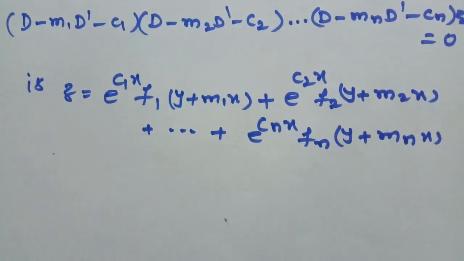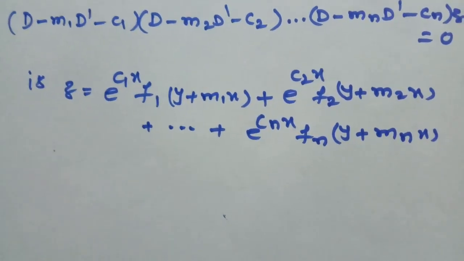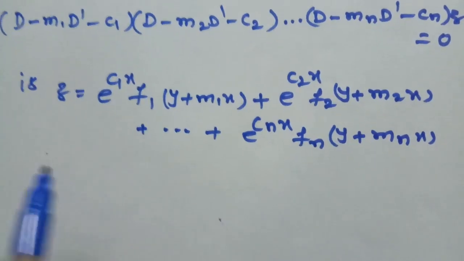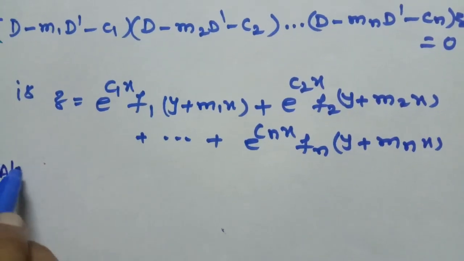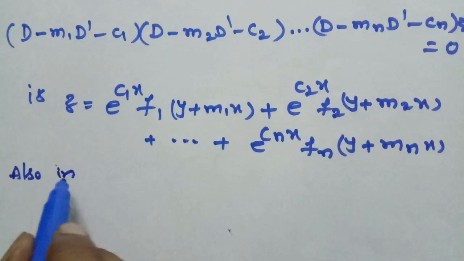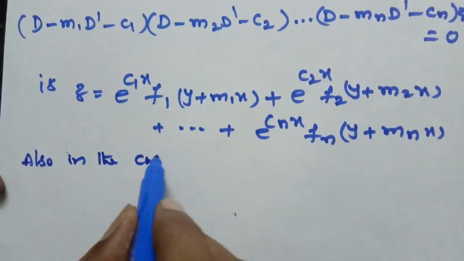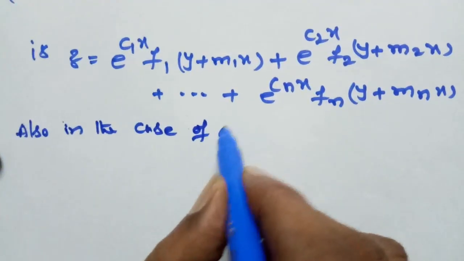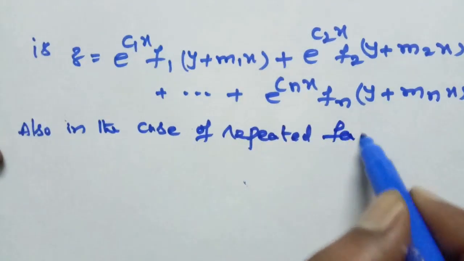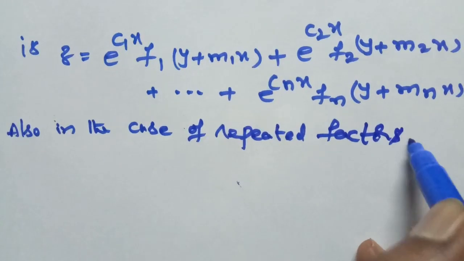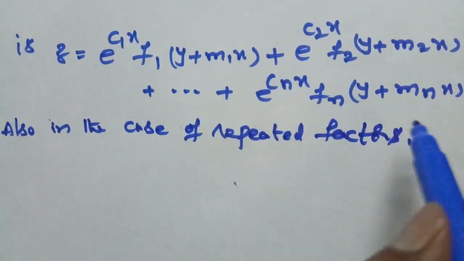Now, also in the case of repeated factors, how to write the complementary function?